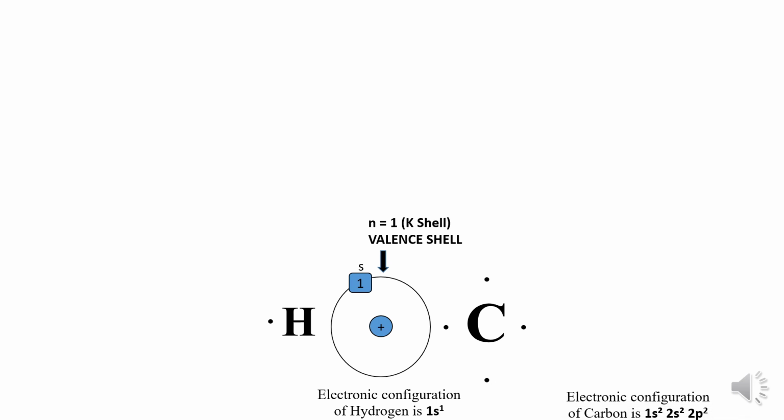And in the case of carbon, the electronic configuration of carbon is 1s2, 2s2, 2p2. So you find 6 protons in the nucleus of the carbon atom, 2 electrons in the 1s orbital.